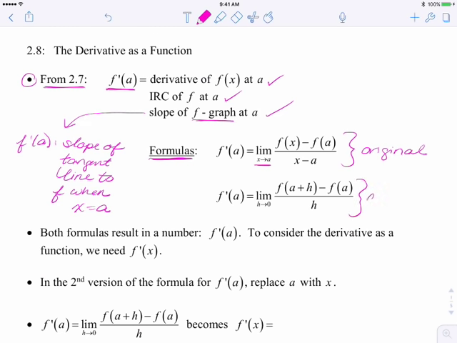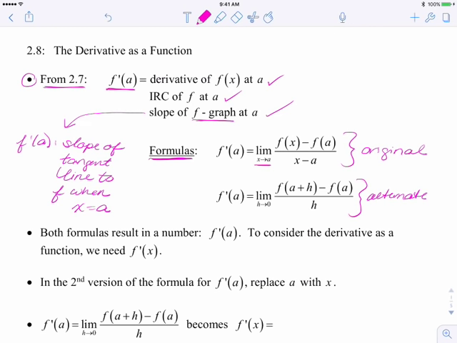The alternate version was f prime of a is equal to the limit as h approaches 0 of f of the quantity a plus h minus f of a all over h. In this particular version, instead of the coordinates of point Q being x and f of x, we redefined the coordinates of point Q using the horizontal distance between the x coordinates of P and Q. We called that horizontal distance h.